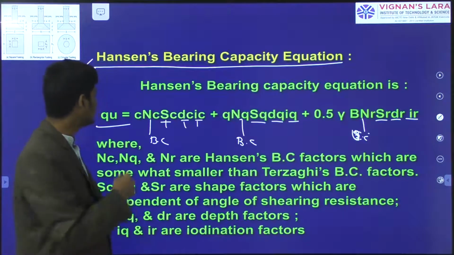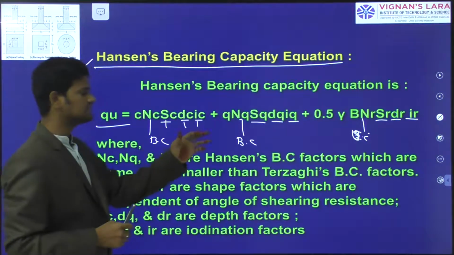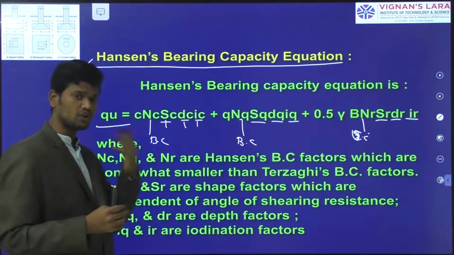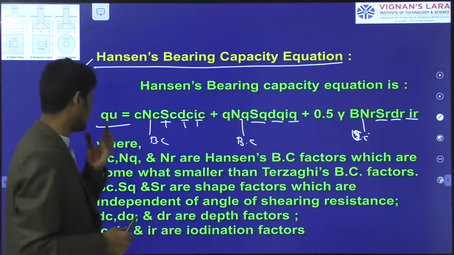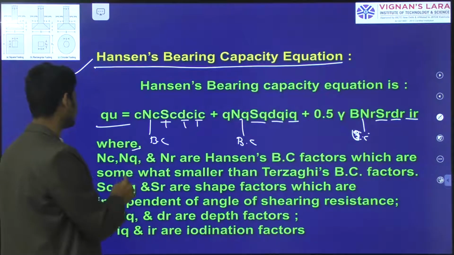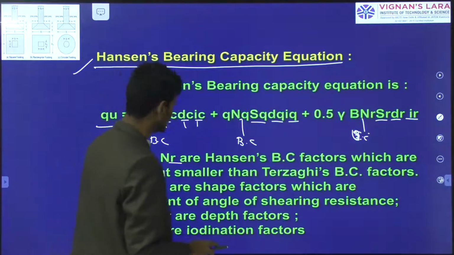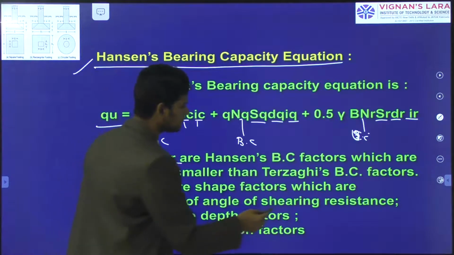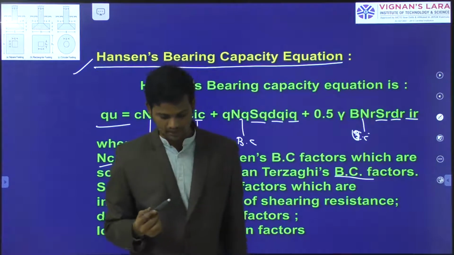These Sc, Dc, Ic factors will be given in our examination if they ask for calculation with Hansen's bearing capacity equation. Nc, Nq and N gamma are Hansen's bearing capacity factors, which are somewhat smaller than Terzaghi's bearing capacity factors.